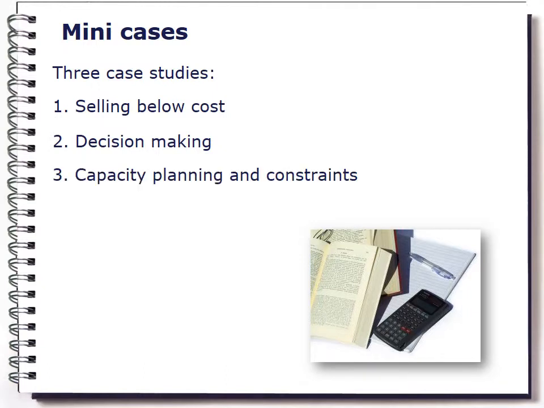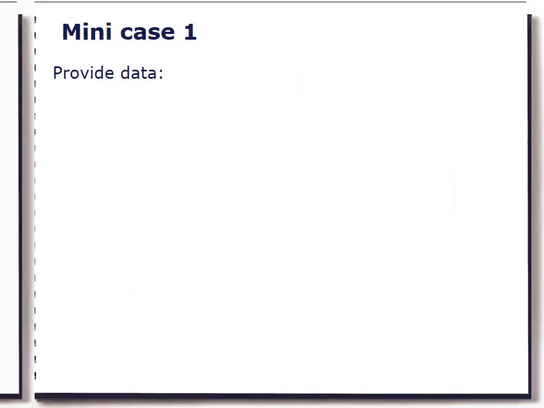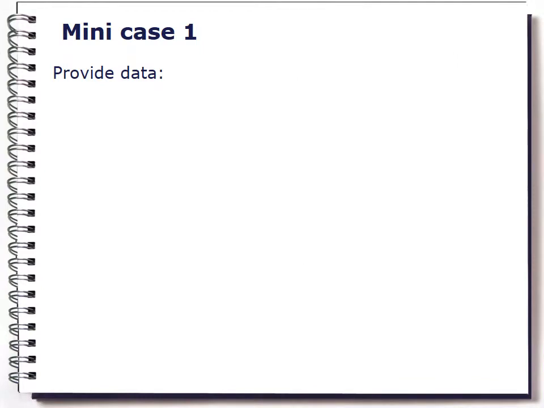And the third mini case deals with capacity planning and constraints, and also how the wrong decision making will reduce the performance of the operational function. The mini cases are primarily designed to stimulate thought and probably provoke controversy, and that becomes the basis for the class discussions.